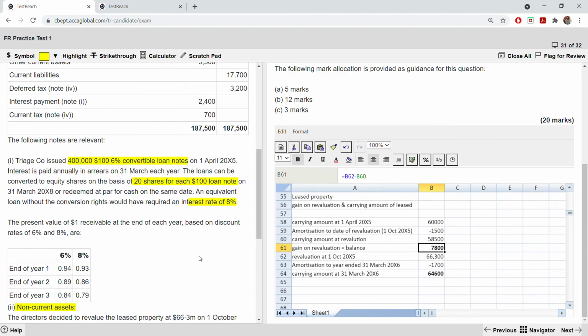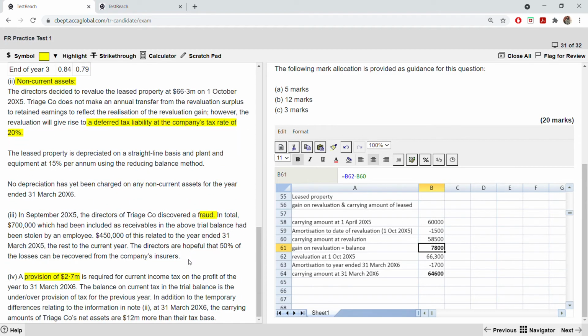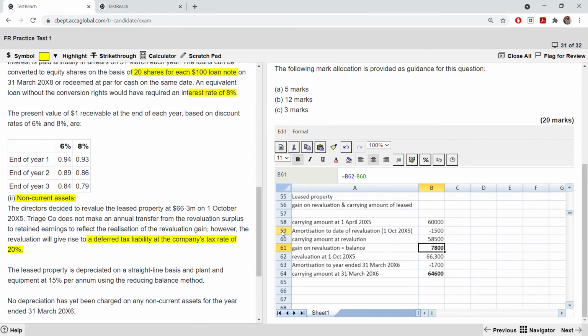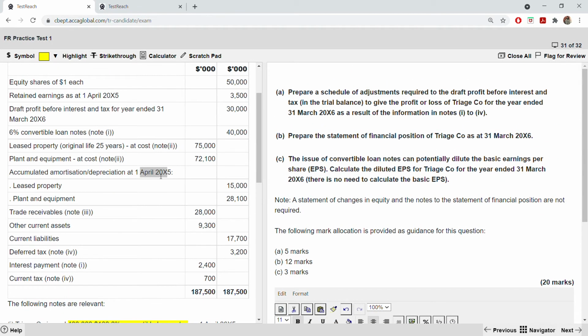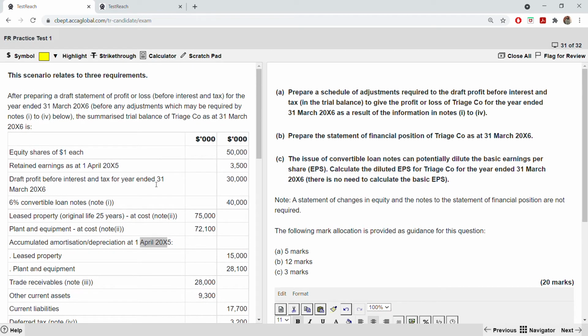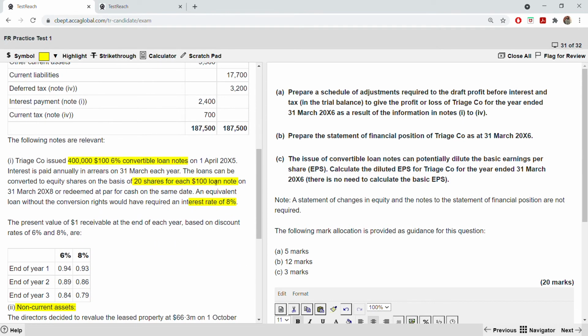So what do you need to know? How do you know how much of it will go to the revaluation surplus and deferred tax? Because it has not been mentioned anywhere, right?